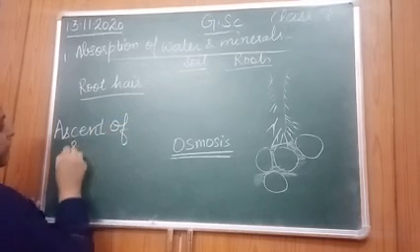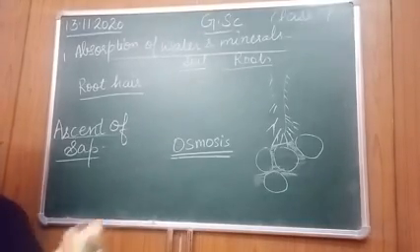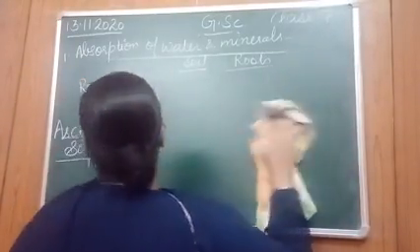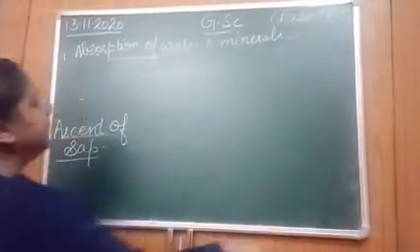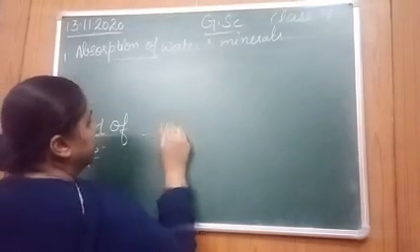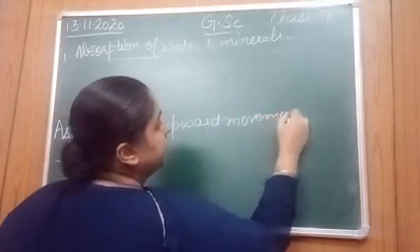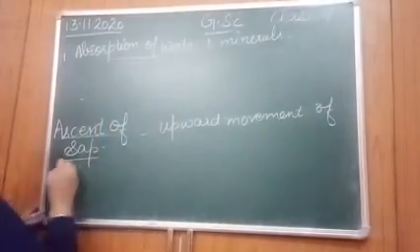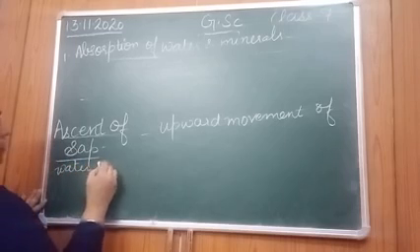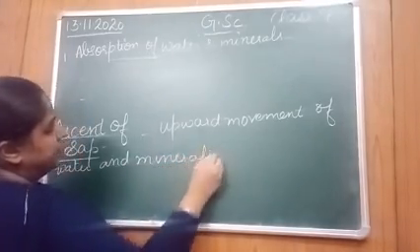Ascent of sap. Bache, what is this ascent of sap? Let me tell you. You can note down also. What is this ascent of sap? How is the water pulled, right? Bache, it is the upward movement of water and minerals through a xylem vessel in a plant.